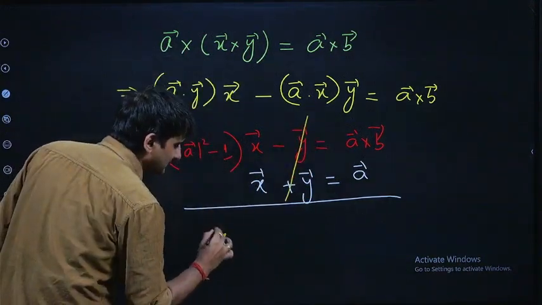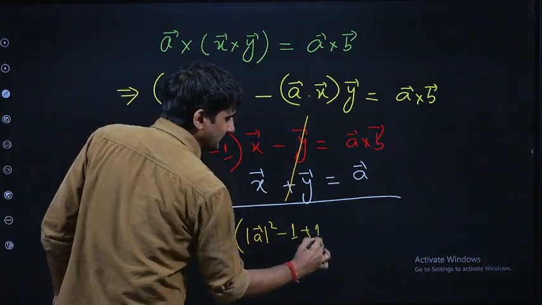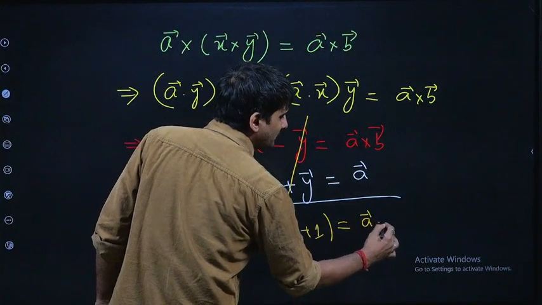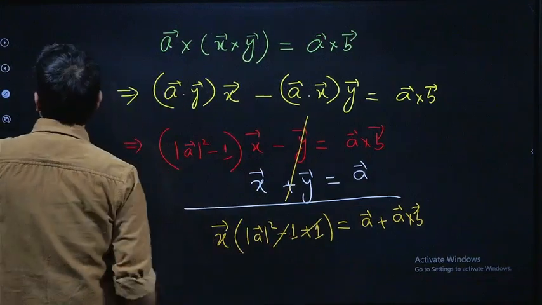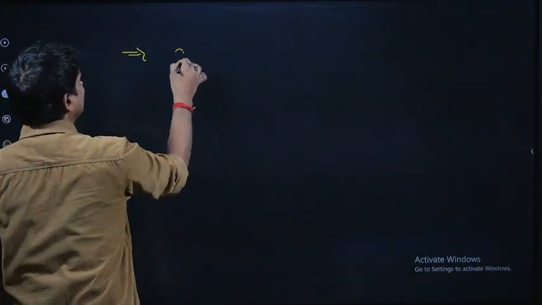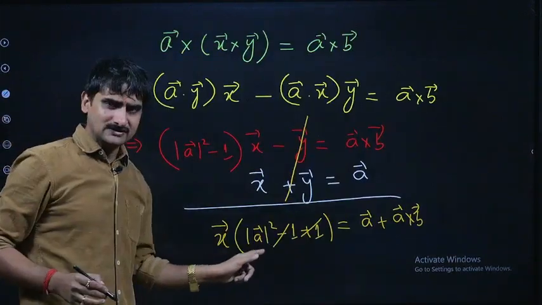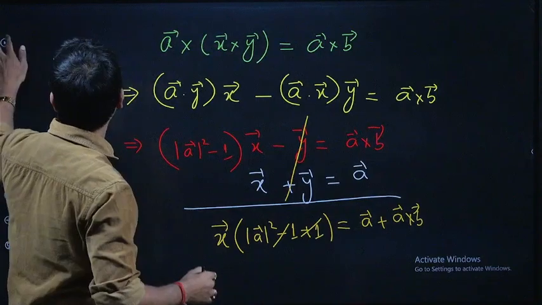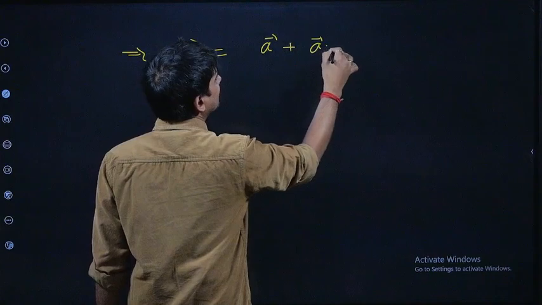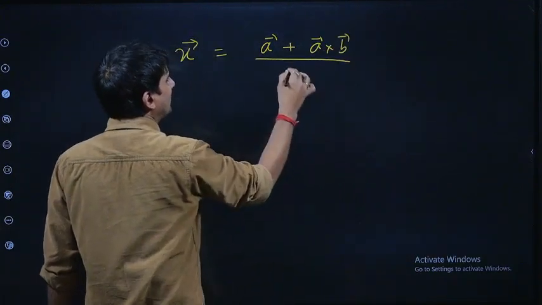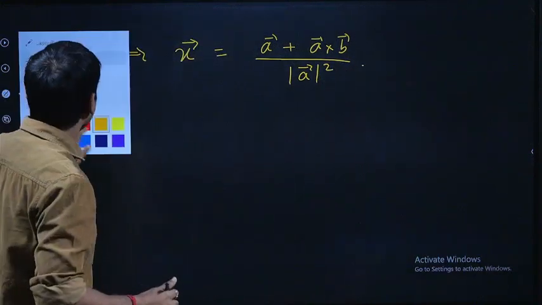So vector x, and this is magnitude of a square minus 1 plus 1, that's gone. Vector a plus vector a cross vector b, so that's gone. So here we got, since everything else is a scalar, I mean on LHS as product with vector x, so that's a scalar quantity, you can take it to the RHS in denominator. So you have vector a plus vector a cross vector b upon magnitude of a square. So that's your vector x.